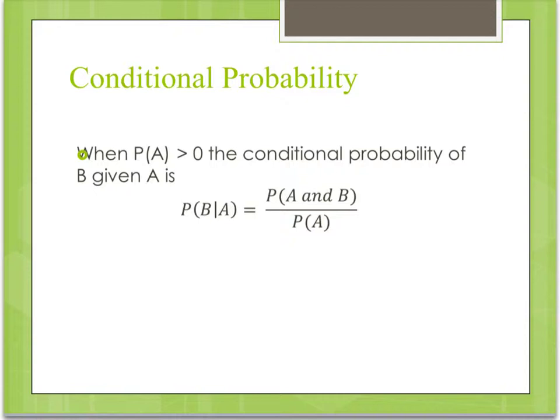When the probability of A is greater than 0, the conditional probability of B given A is the probability of A and B over the probability of A. We put the condition greater than 0 on it because we can never divide by 0. So it's the probability that both happen divided by the probability that A happens, the one that you're given.